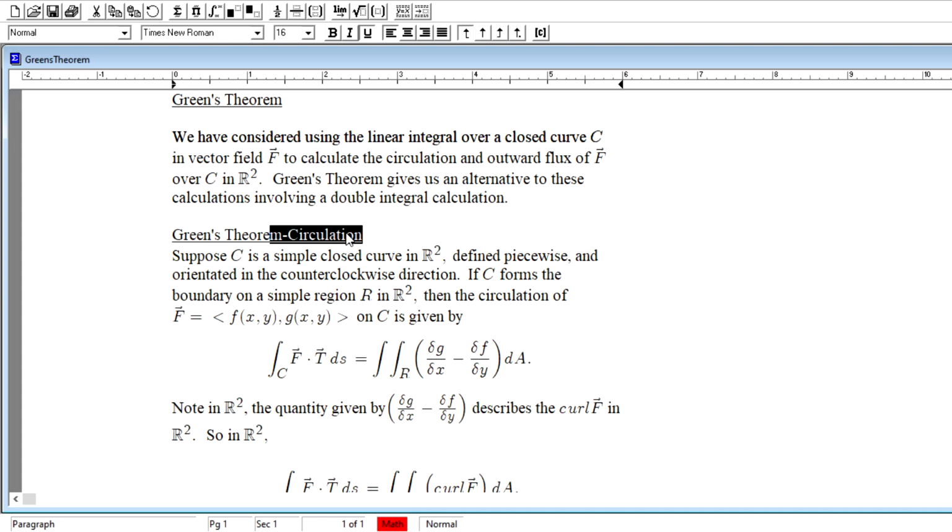And in Green's theorem, when we have these nice simple closed regions, we can use the divergence and curl in the form of a double integral over that region to calculate these linear integrals that we discovered earlier as circulation and outward flux along the boundary of that region.